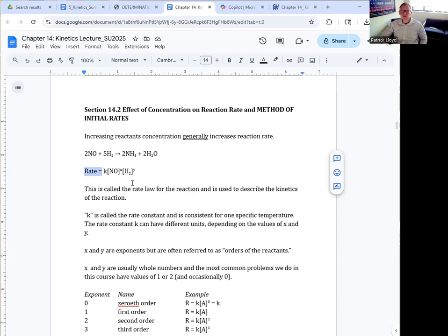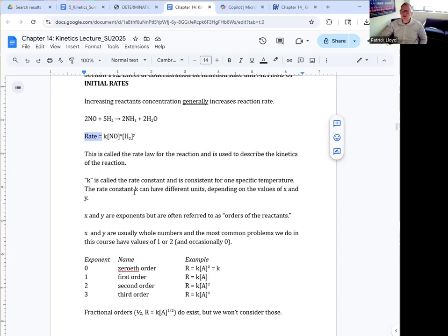Now, we're going to go through why this is important, but it essentially tells us that as you change the concentration of a reactant or both reactants, that will change the rate of the reaction. If you want the reaction to go faster, one way is by increasing the concentration of the reactants. Maybe one of them, maybe both of them, maybe neither of them. But you may want to do that.